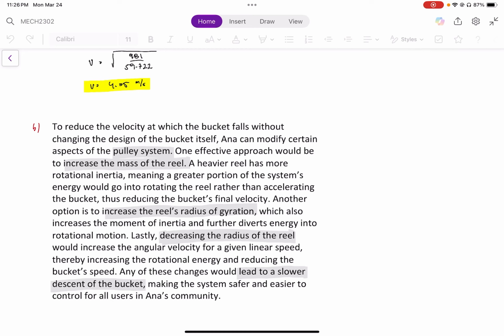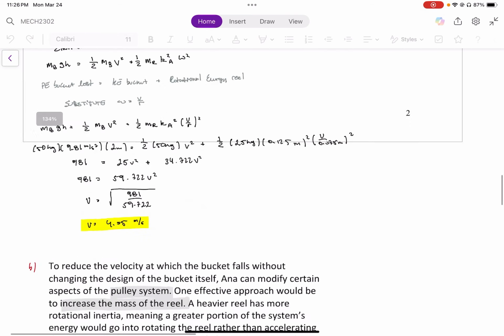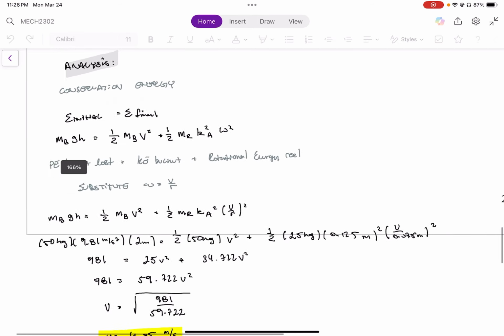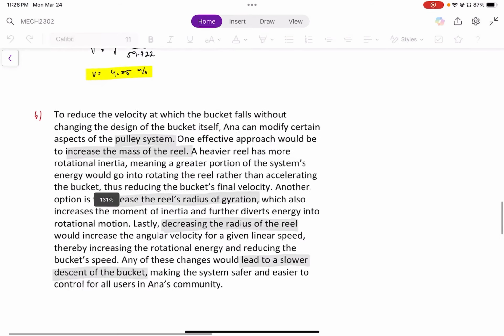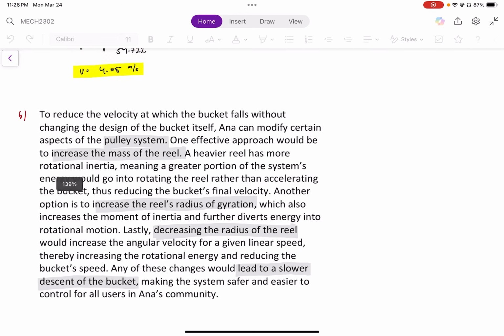Any of these changes would result in the bucket descending slower, meaning that the velocity would be lower, according to the conservation of energy equation we were given here, making the system safer and easier to control by the users in Anna's community.